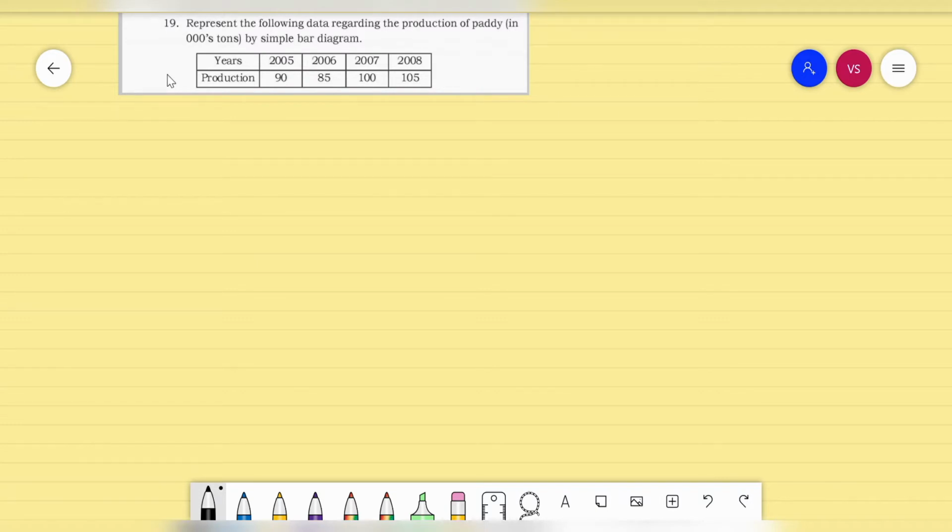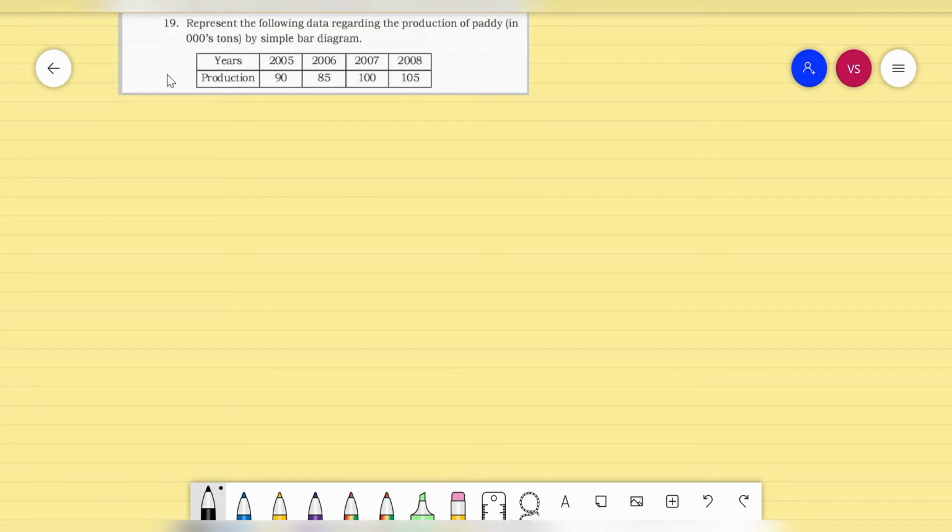In your syllabus, students, for this year, we will be studying only one-dimensional and two-dimensional diagrams. I have told you what one-dimensional and two-dimensional diagrams are. If you take only one dimension, either length or breadth, any one of the dimensions, we call that a one-dimensional diagram.